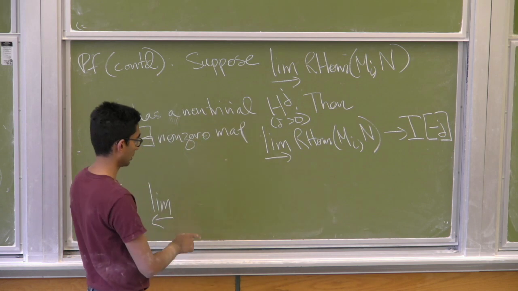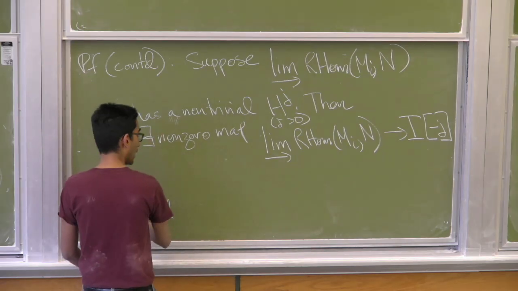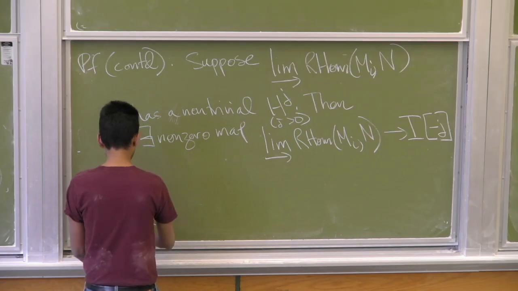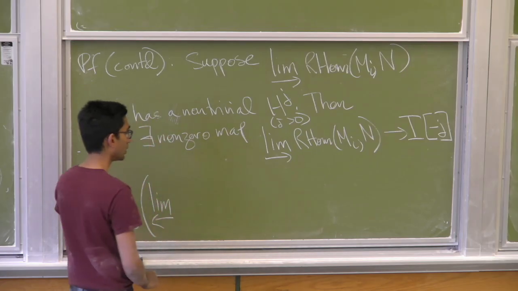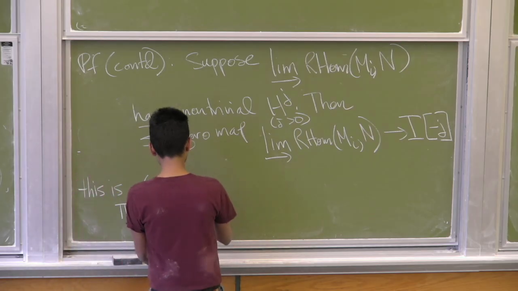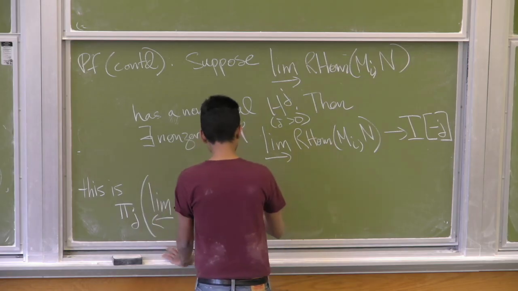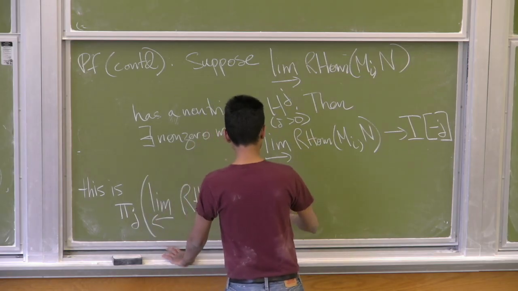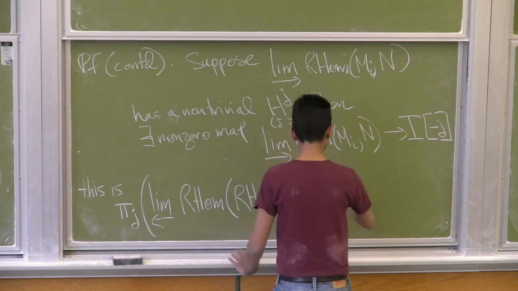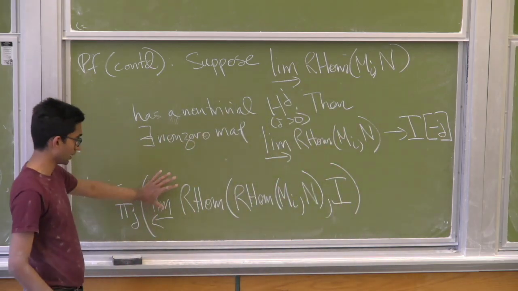So the space of such maps is exactly I j of the inverse limit of R Hom from M sub i into N. It's exactly this.